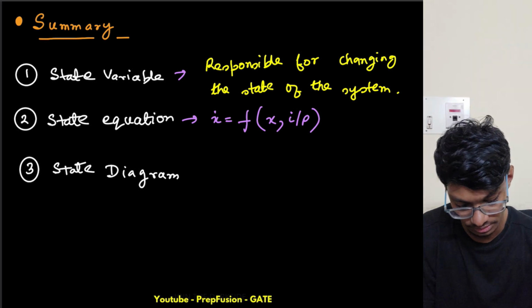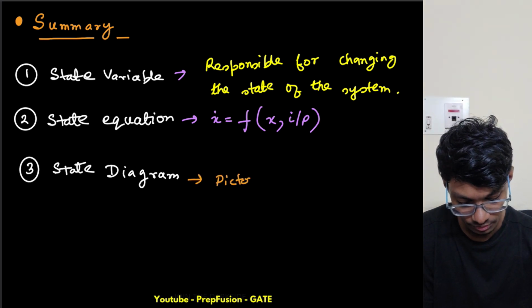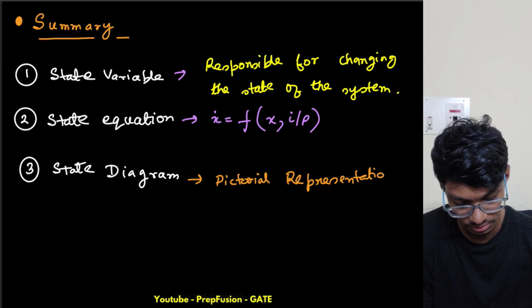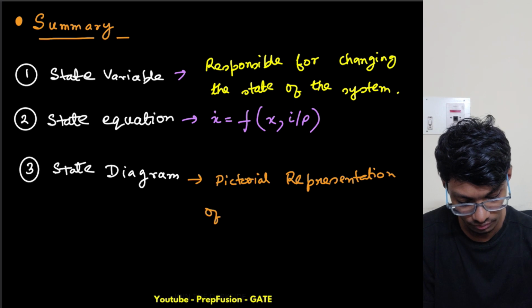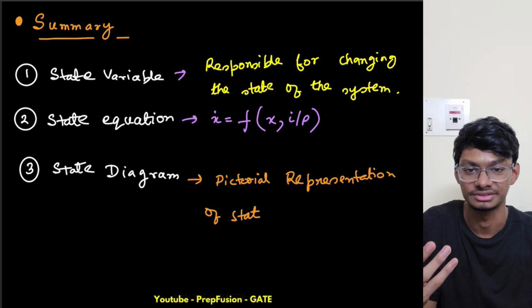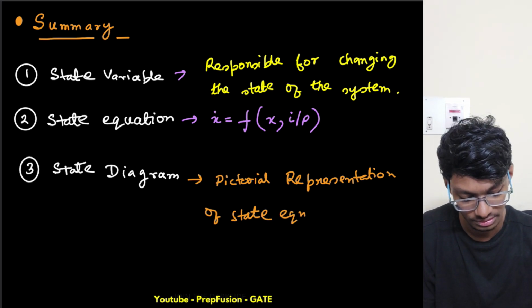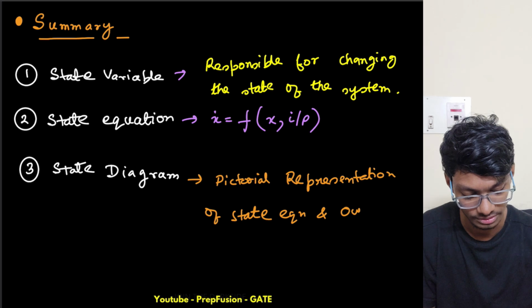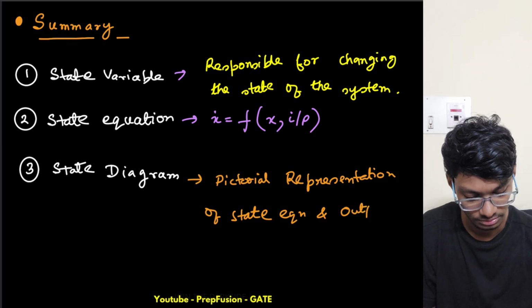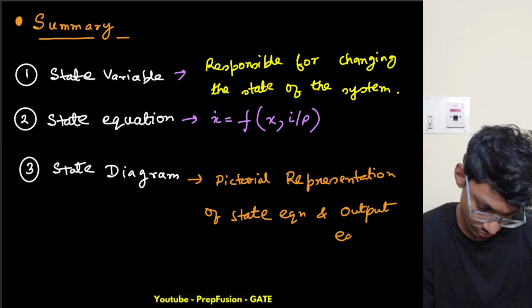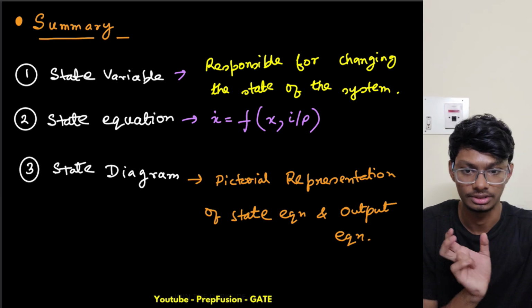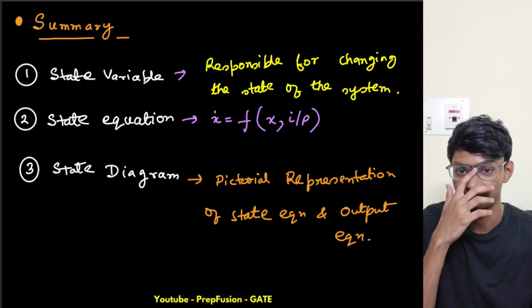Basically state diagram is a pictorial representation of the state space representation, that is, the state equation and the output equation. So these are the three things that we learned in the first lecture. I hope you remember.